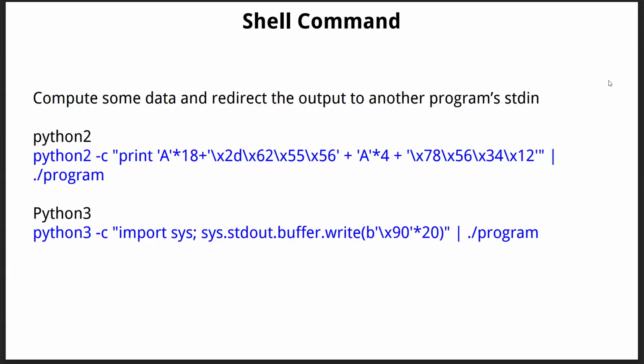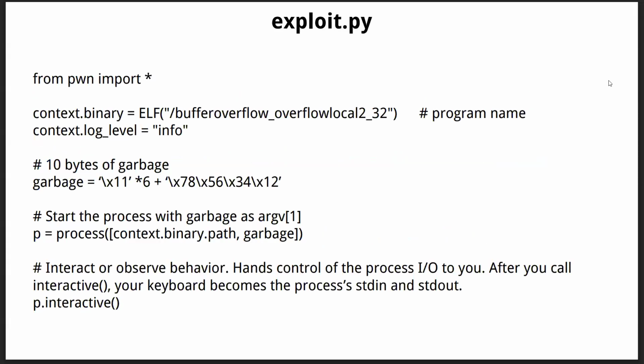There is another interface I want to introduce to you. Instead of just writing those raw bytes, you can also write a Python script to hack the whole thing using a library called pwntools. Our system already has pwntools installed, so you can write code like this.